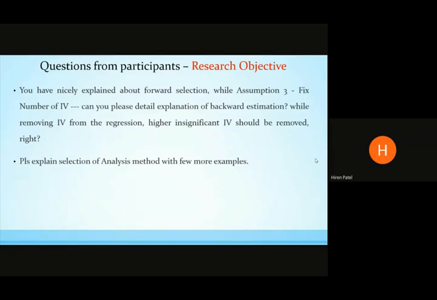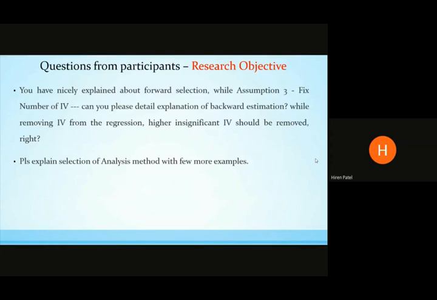Forward selection is the method wherein you keep adding the independent variables one by one. Let me take an example: you are studying some phenomenon where one dependent variable is explained by 20 different independent variables. Our literature says that there are 20 different independent variables which explain one dependent variable. We can directly enter all 20 together, run the regression analysis, and see the results.